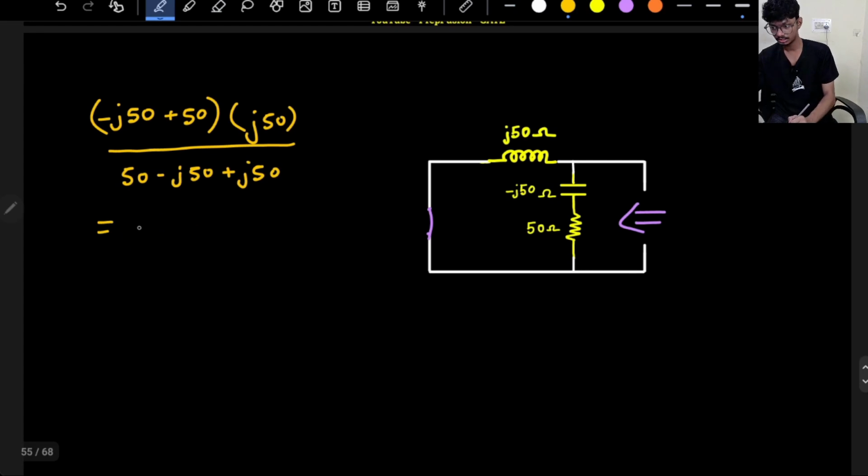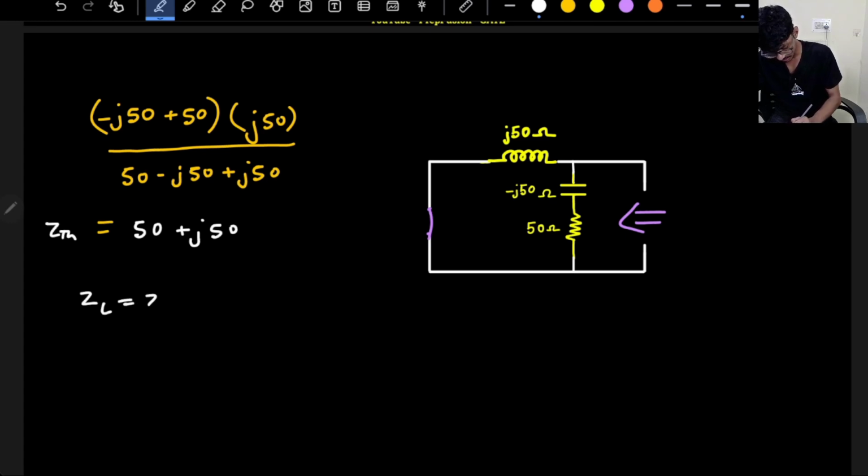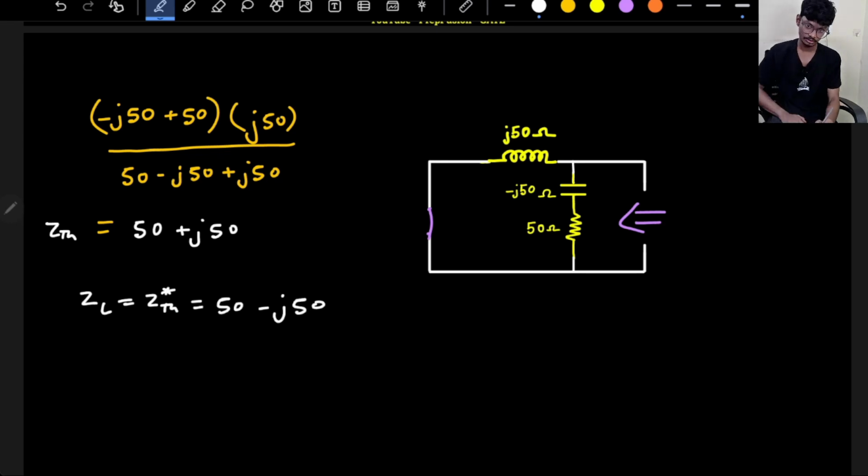So this will be basically 50 will get cancelled and j will be there, so it will be 50 plus j50. Okay, so this will be your ZTH, but my ZL will be what? ZTH conjugate, so it will be 50 minus j50. Okay, so now there are two ways to go about it.